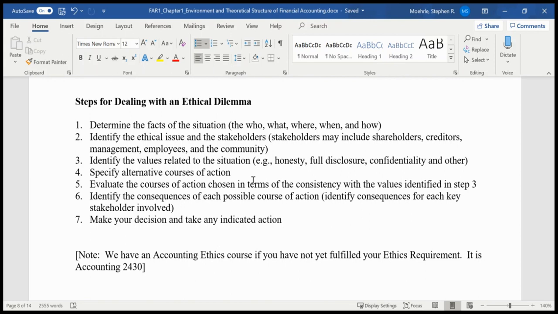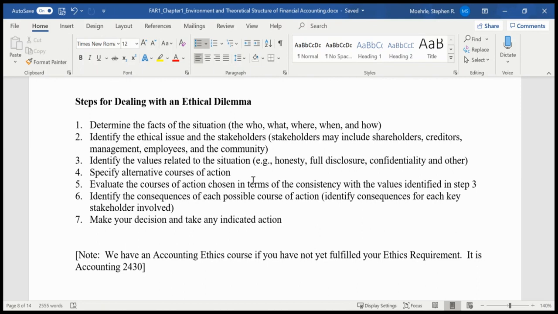Identify the values related to the situation. For example, honesty. Is it honest? Is full disclosure being provided? Is confidentiality being protected? And there are many other values that are going to come into play when you are faced with these ethical dilemmas.